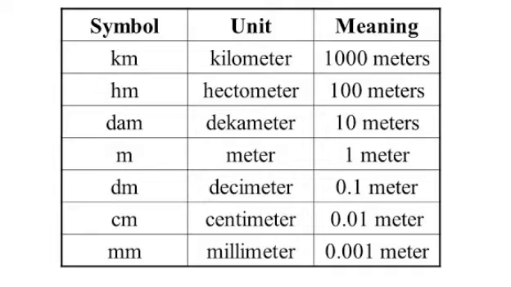Then we have here the meter, which is 1 meter. Then the decameter is 10 meters. Hectometer is equal to 100 or 10 raised to 2 meters. Then the last one is kilometer, which has 1,000 or 10 cubed meters.